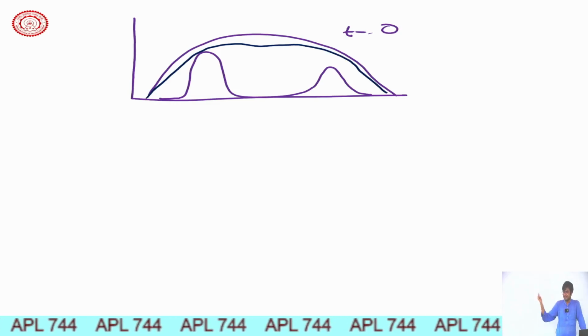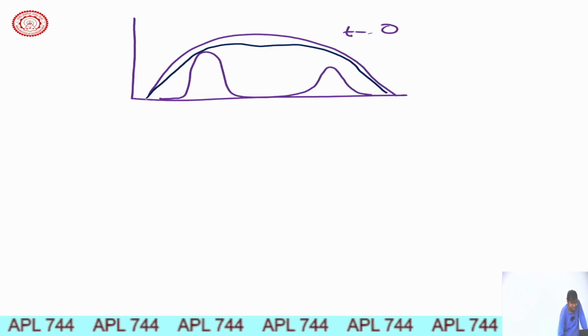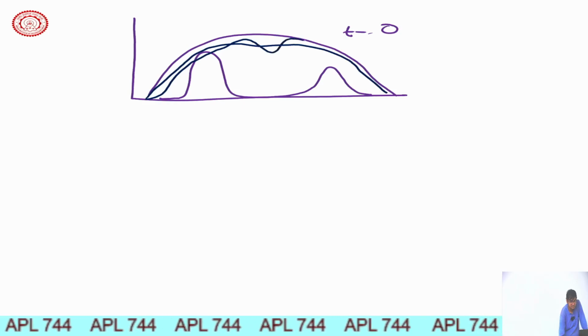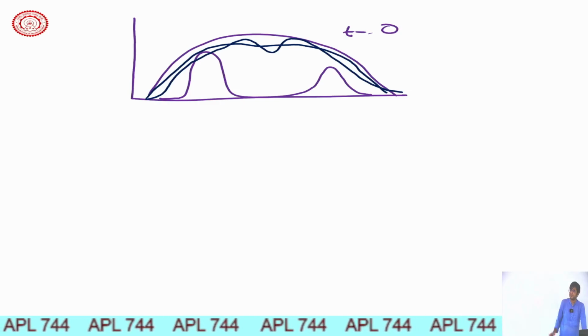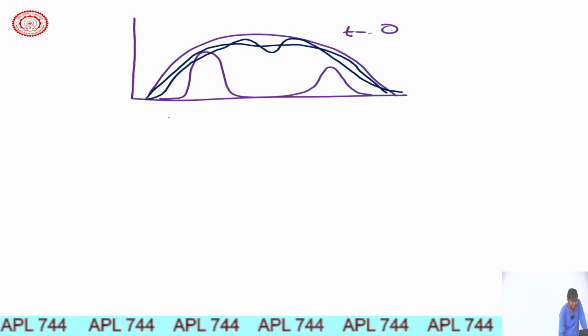When t equal to, let's say, t8 or t9, you will probably get something like this. At the end, when gamma t equal to 1, then you will get this thing.